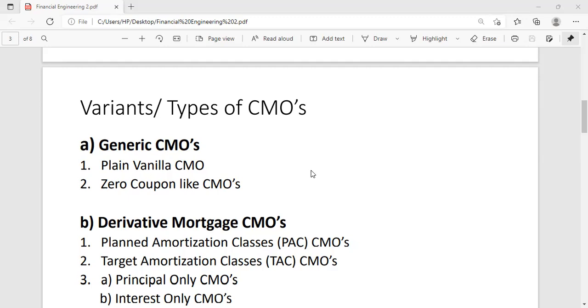Therefore, investors are willing to pay more for CMO tranches than for mortgage-backed pass-throughs, because pass-throughs do not allow investors the luxury of separate choices of maturities and separate choices of risk levels.